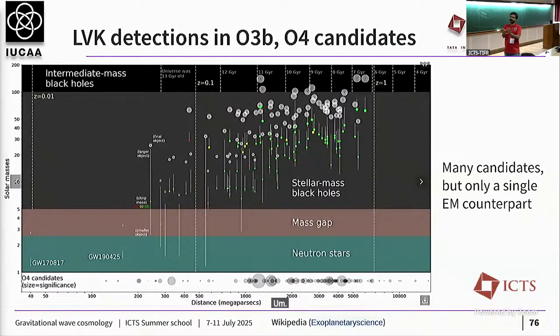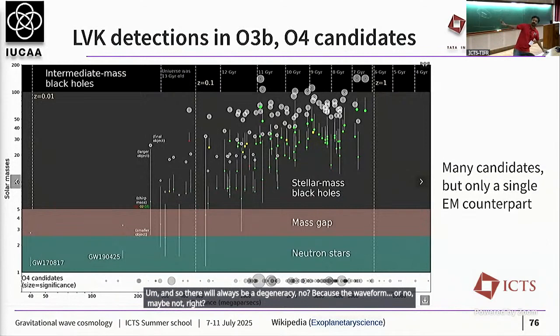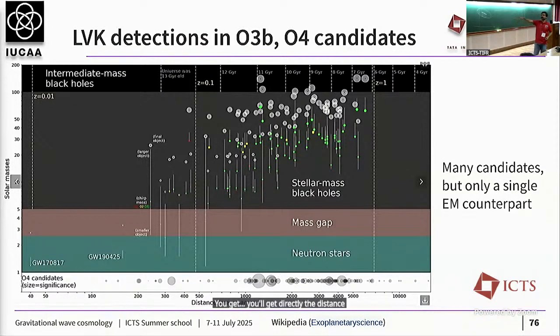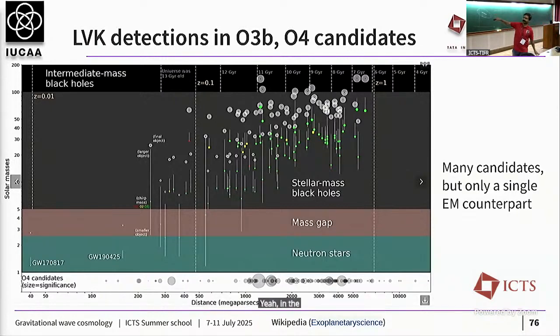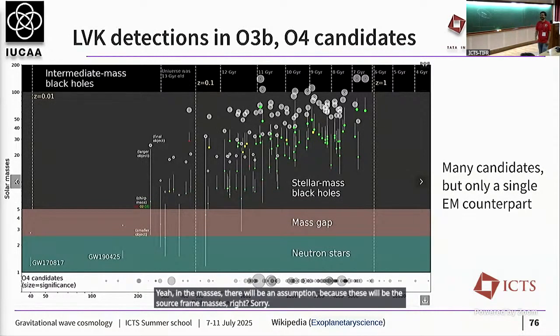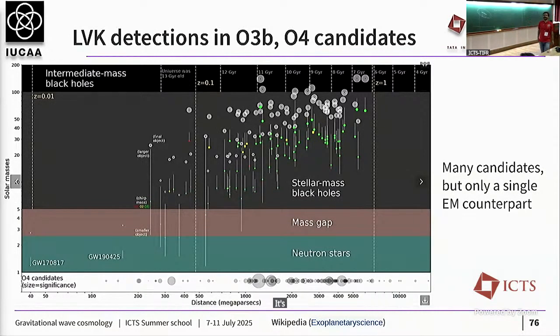And so there will always be a degeneracy, no? Because the waveform, or no, maybe not, right? You get directly the distance. So there's no assumption there. You're right, absolutely, sorry about that. Yeah, in the masses, there will be an assumption because these will be the source frame masses, right? Sorry, it's the opposite thing.